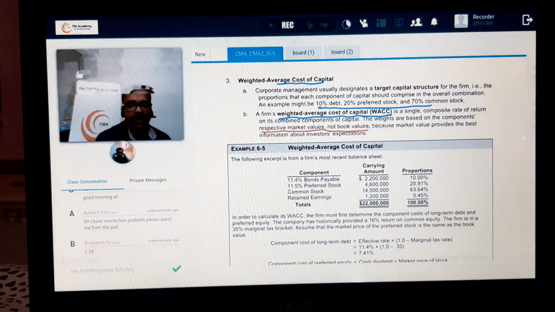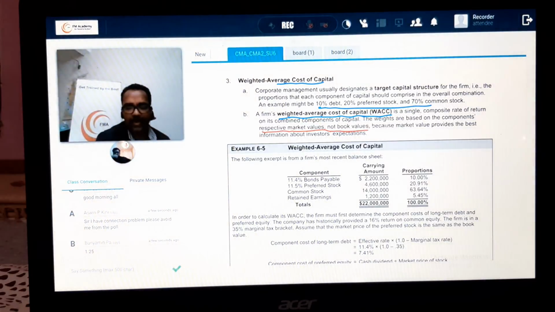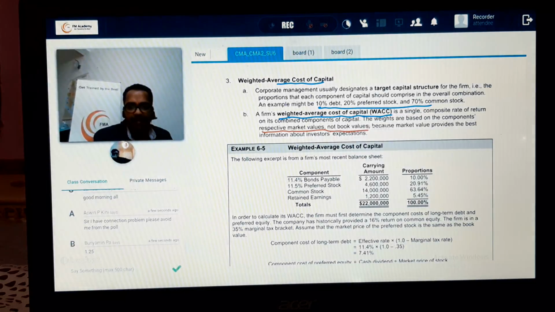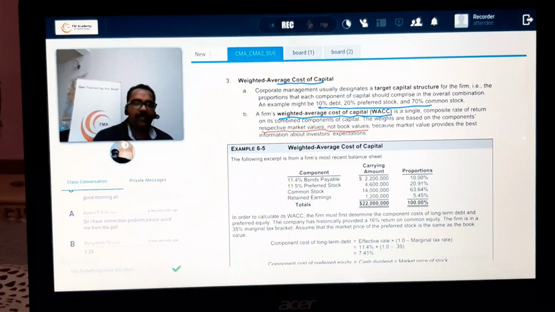Sometimes they may give you the book value, and they will say the debt is quoting at a discount. Every time you have to look for the market value. You take the market value of every component and then do the calculation.